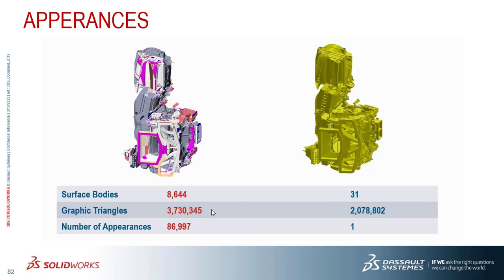Because this model has appearances on 8644 faces, so it tends to create graphics triangles and ultimately a number of appearances. You can see on the right-hand side, in the model I just eliminated those appearances on the faces and simply added the appearance to the single body. You can see the graphics triangles.